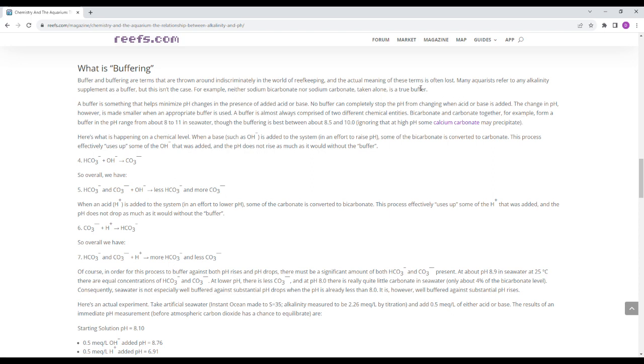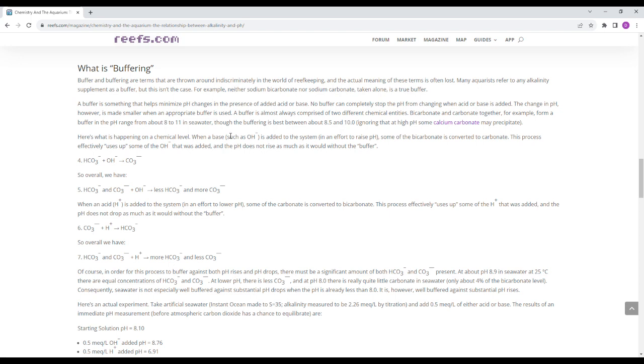Okay, so when we talk about a buffer, it is something that helps minimize pH change. Here's what is happening on a chemical level.